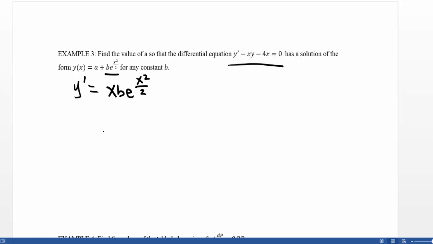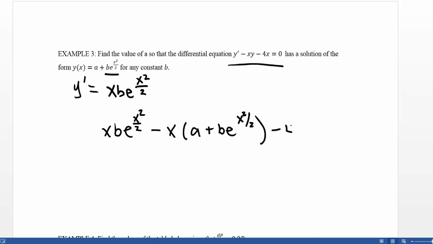So my y prime comes first. So I have x be to the x squared over 2 minus x times y. So I'm going to plug in my y equation here. A plus be to the x squared over 2 minus 4x equals 0.